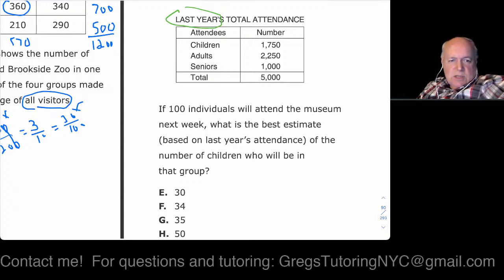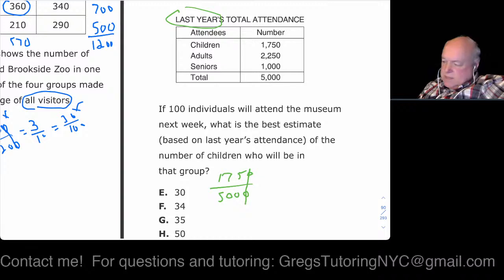So let's see, children out of the total is going to be 1750 out of 5,000. To me the easiest way is to get rid of the zeros, so we get 175 over 500.